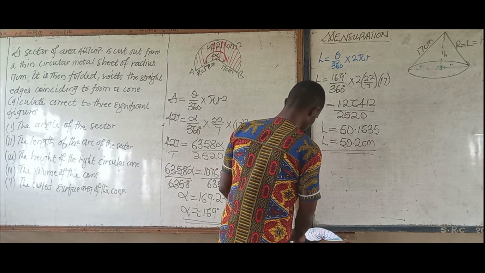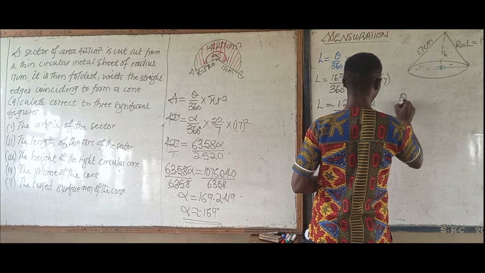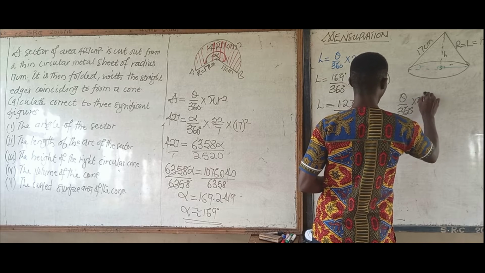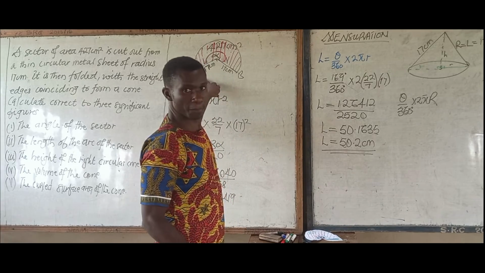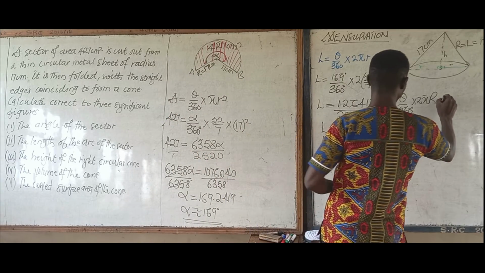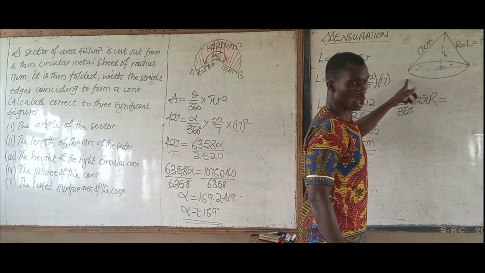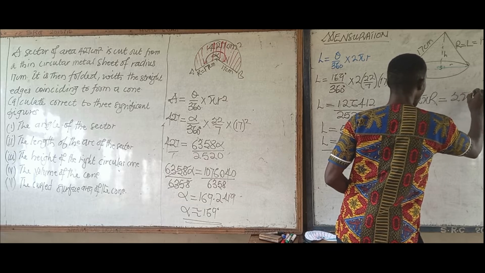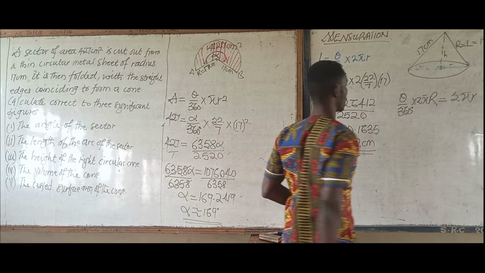So, the length of the arc, which is theta over 360 degrees times 2 pi R, this capital R, becomes the circumference of the base of the cone. And the circumference of the base of the cone is 2 pi what? R.